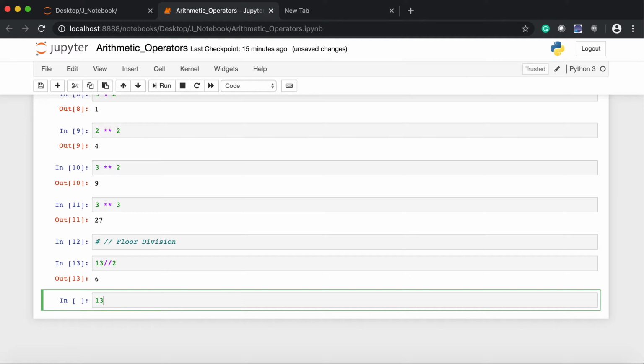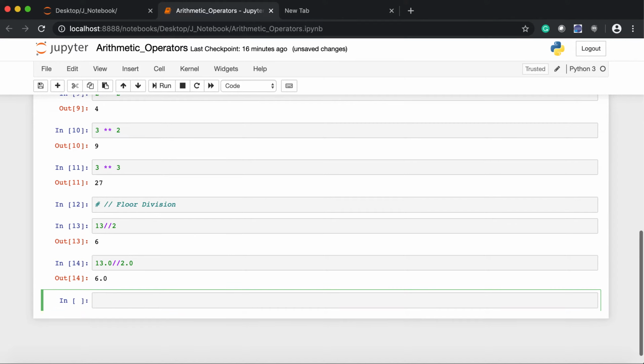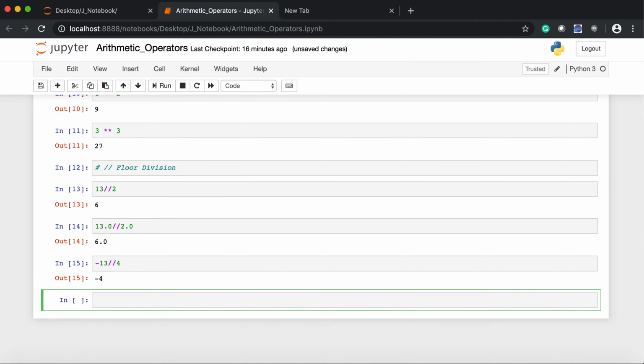But if I write 13.0 floor division with 2.0, you can see this is 6.0. And if I do the same thing with the minus symbol, that is minus 13 by 4, this is minus 4.